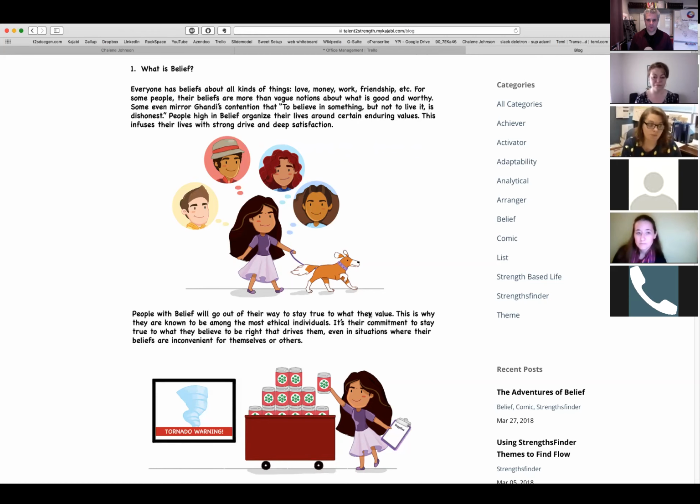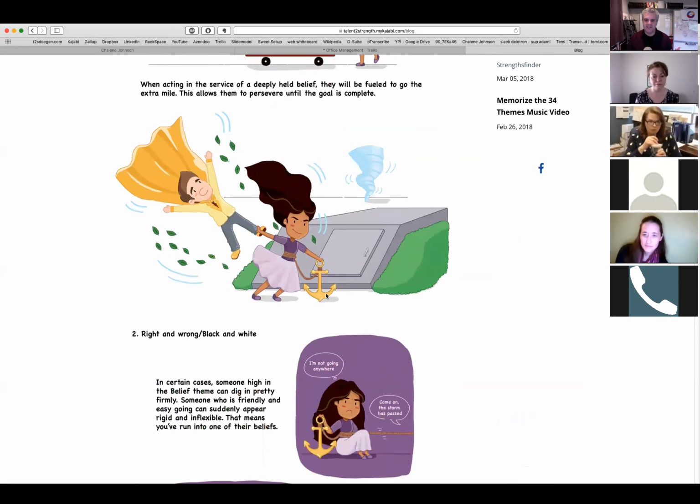Very good. I think in that story you shared an enabler side and a rut side. An enabler side of belief is that it allows you to really persevere and stick with things. People with belief don't just change. That's part of why the image for belief is an anchor.